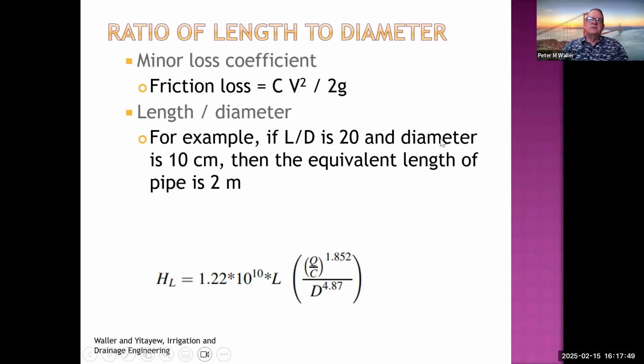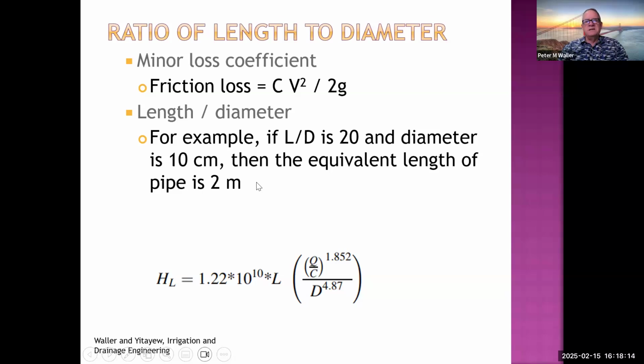Okay, and I'm going to show you a spreadsheet where I'm going to calculate the friction loss in the different components of the service line, like the 90s and so on. One way that you can calculate the friction loss in a 90 is to put in the minor loss coefficient and multiply by V squared over 2g.